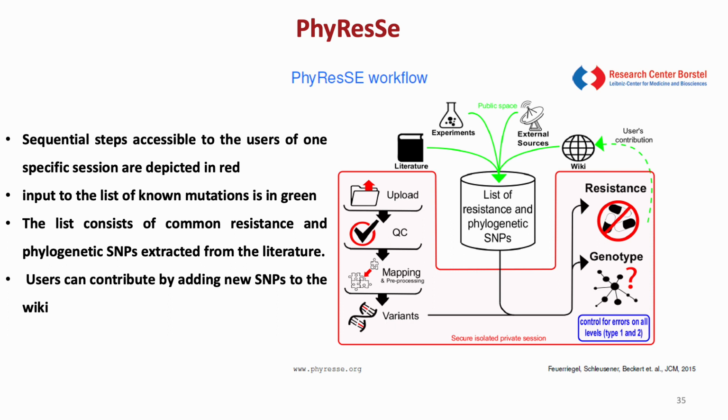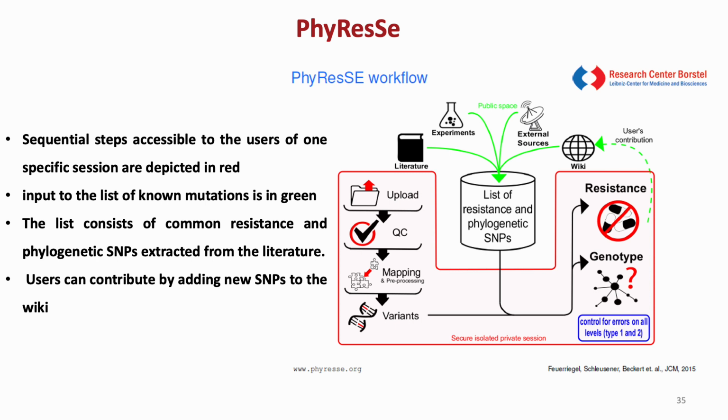This web tool combines well-established methods from FastQC, BWA, QualiMap, SAMtools, and other tools with the treasure trove of experimentally validated cases acquired at the Research Center Borstel. The reports on strain lineage and antibiotic resistance will be provided at the end of the workflow.